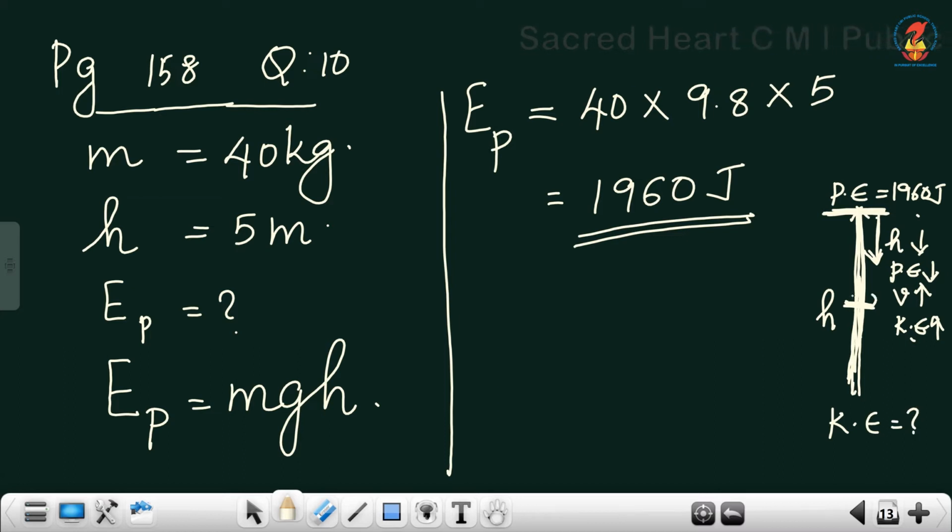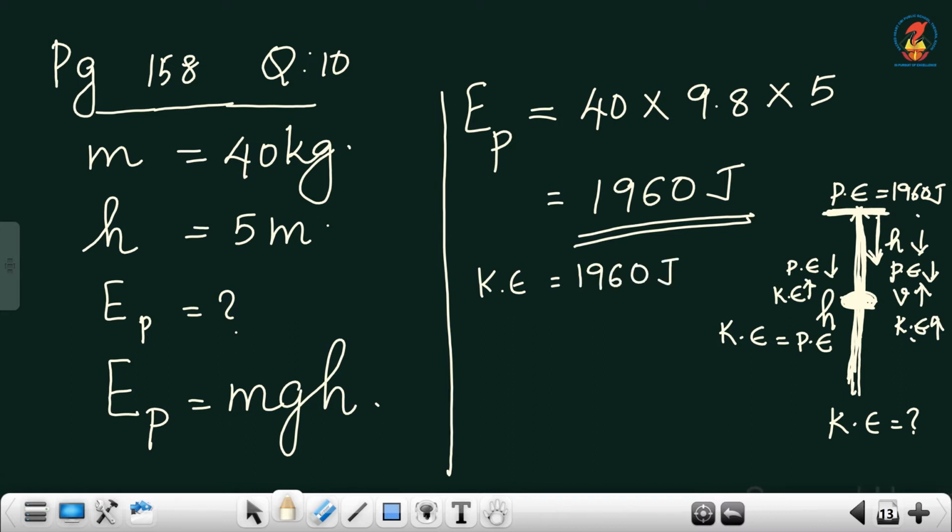We know that at halfway, at half the distance, as the object starts descending, its potential energy decreases and kinetic energy increases in equal amount. And at halfway distance, kinetic energy will be equal to potential energy. So at maximum height, potential energy was 1960 joules.